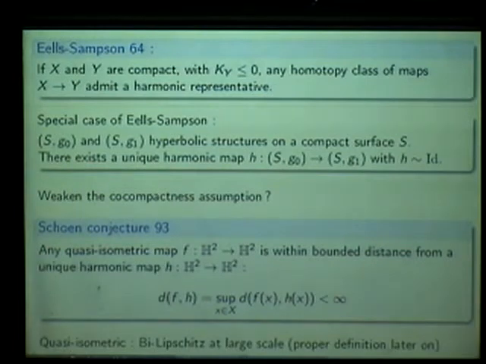So, Pierre, in the last talk, already defined for you what a quasi-isometric map is. I will recall the precise definition later on, but let's recall for the moment that a map is quasi-isometric if it is bi-Lipschitz at large scale. And I think you have had enough motivations during the last hour for studying quasi-isometric maps.